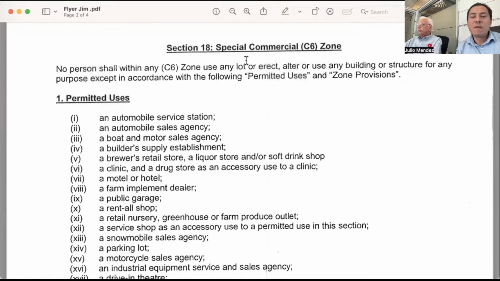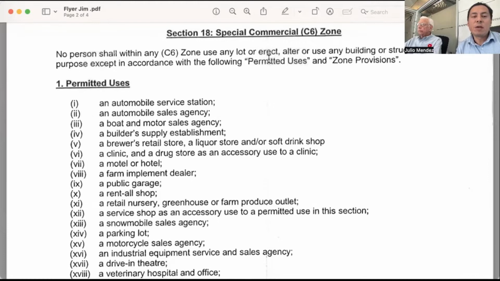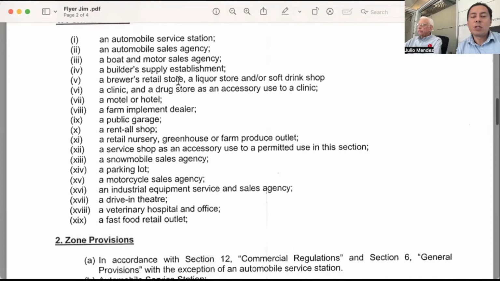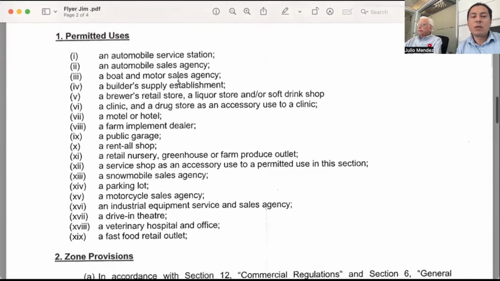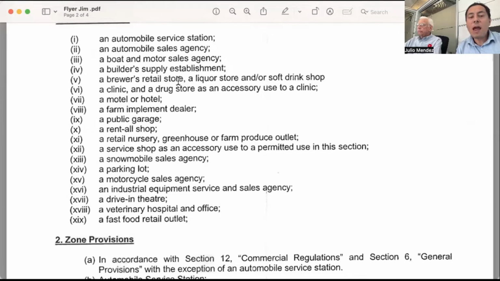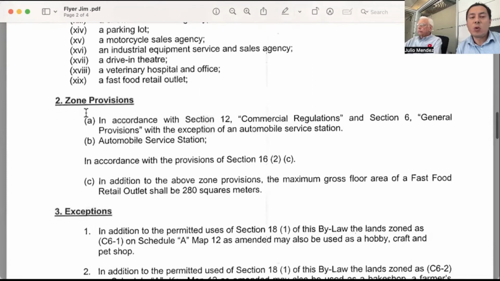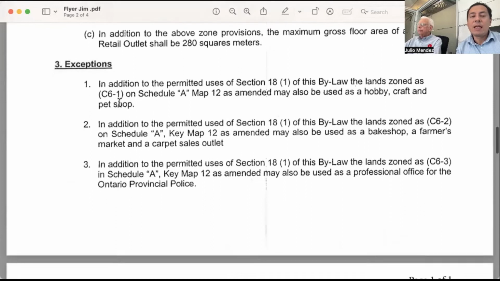Here he then specified the special commercial C6 zone, and again, zoning may have changed since 2006, but he actually listed the permitted uses, which I think is really great. If you're working with a tenant, you want to obtain this information and make sure that whatever intended use you have, it would actually be allowed. And then he has some zone provisions as well, and some exceptions to that.